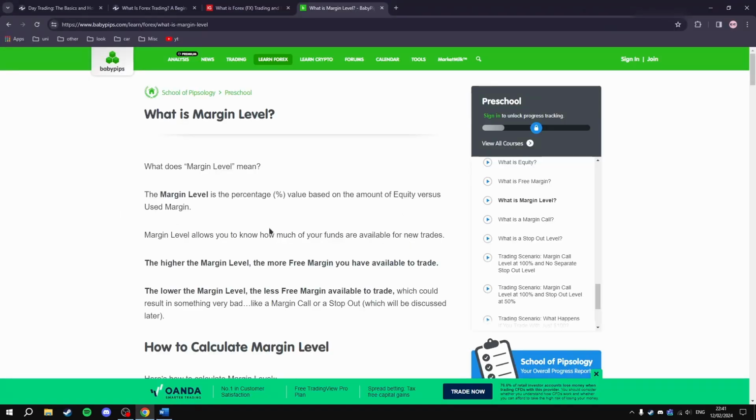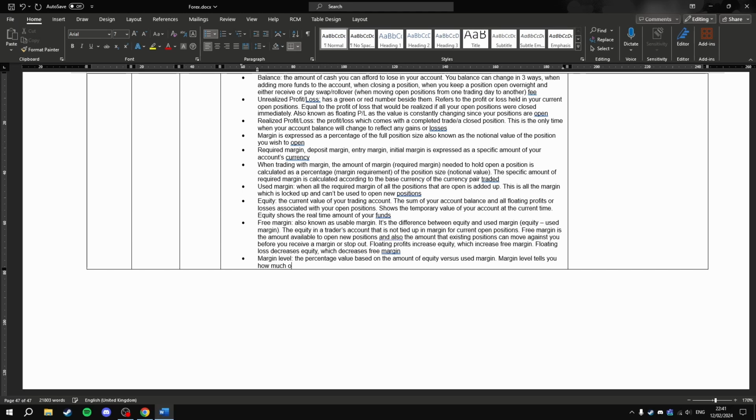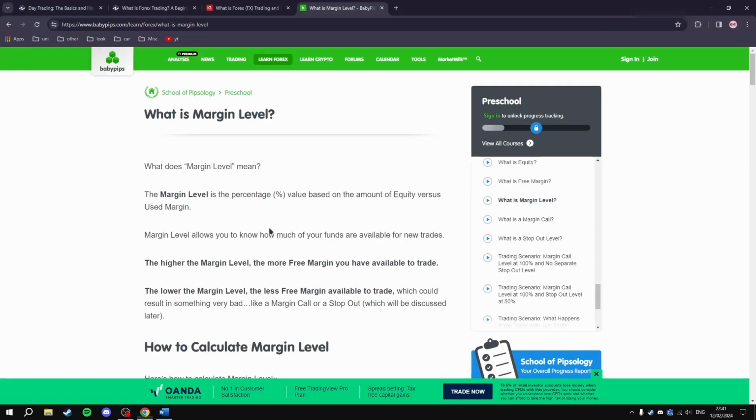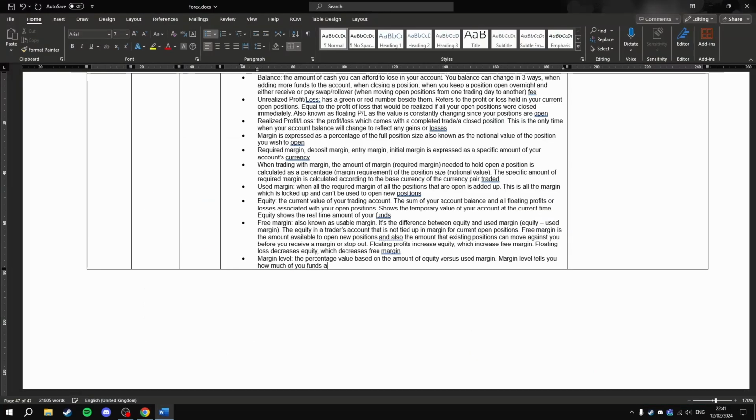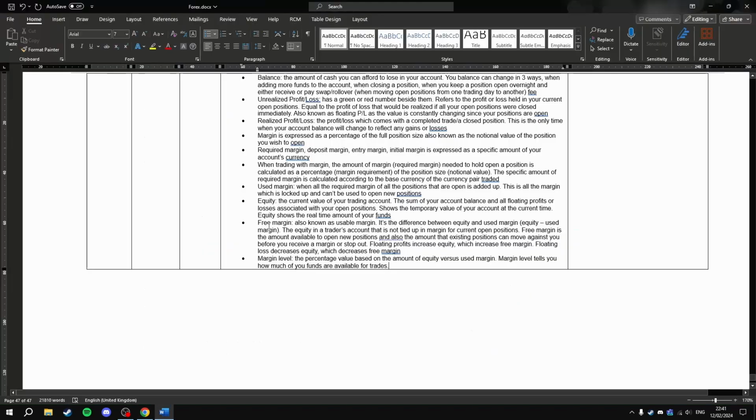Margin level allows you to know how much of your funds are available for new trades.